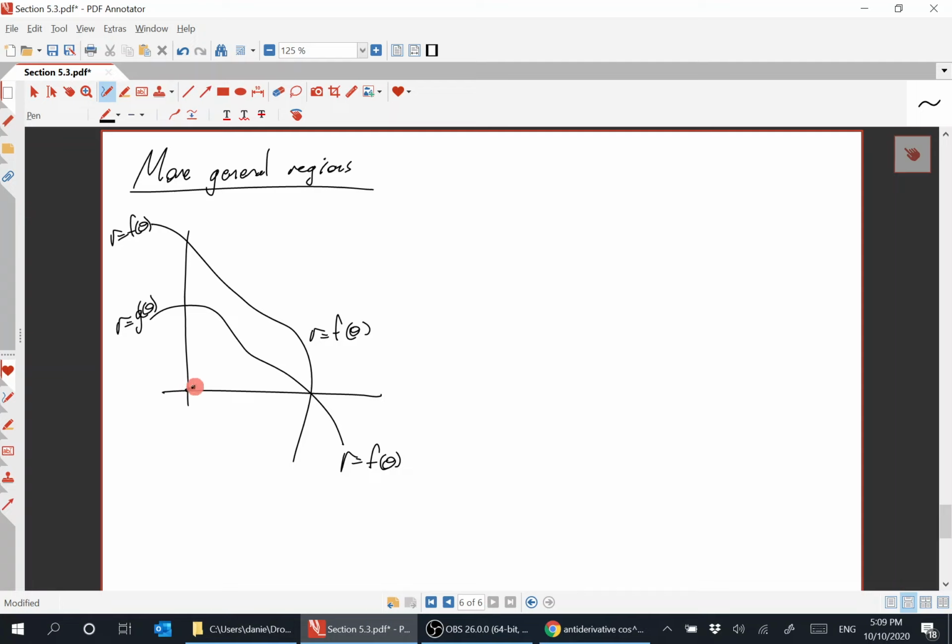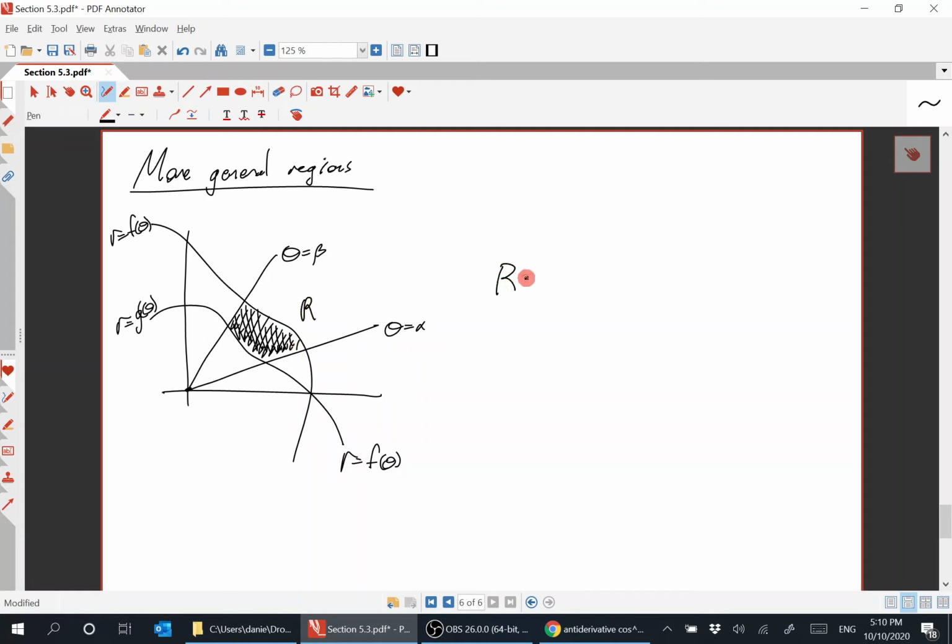And then we'll have some angle alpha and beta, theta equal to alpha, theta equal to beta. Then this region in here has a bit more general shape than just a rectangle.